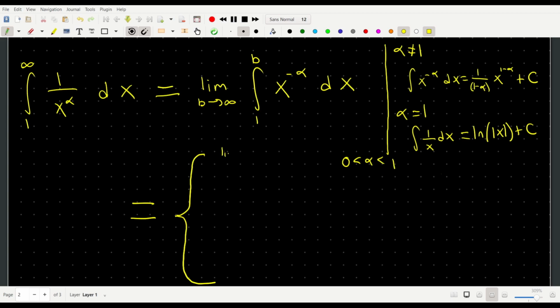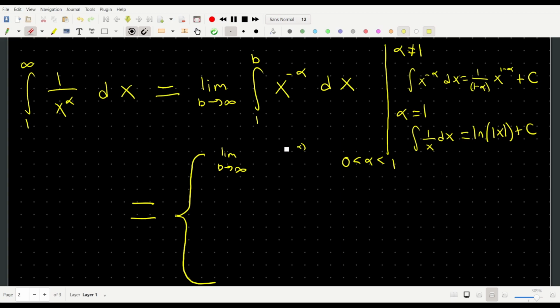This is going to be the limit as b goes to infinity of, and we know that when alpha is between 0 and 1, this is going to be 1 over 1 minus alpha times x to the 1 minus alpha.